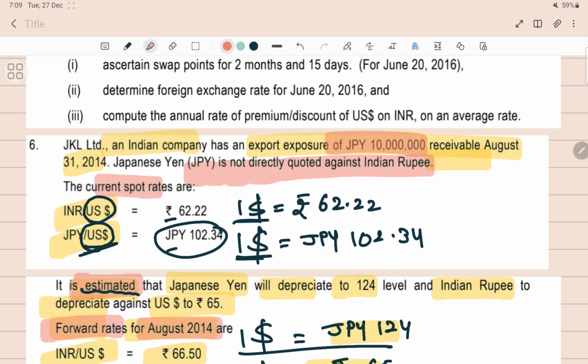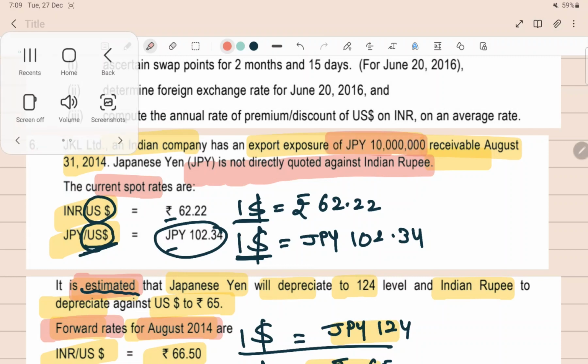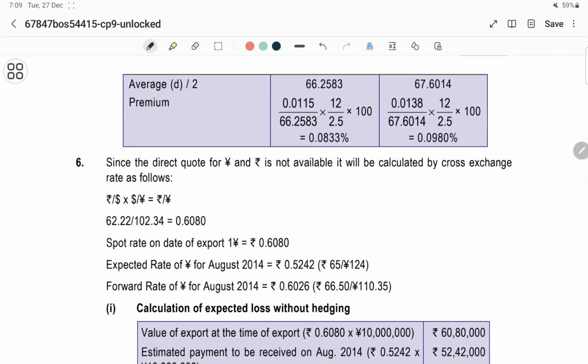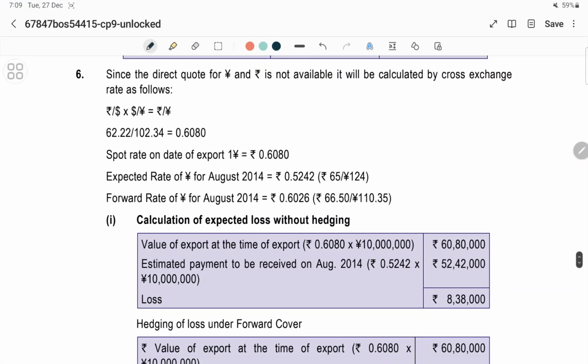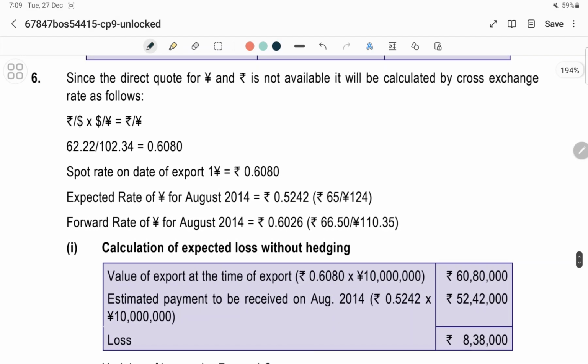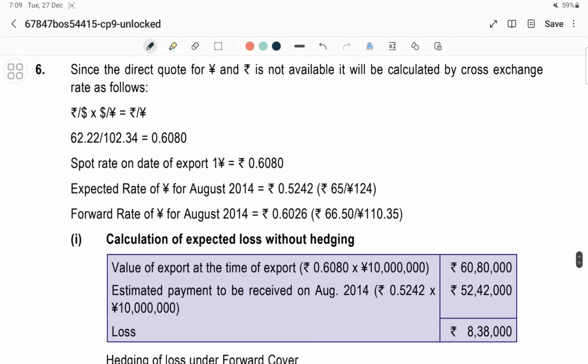Our exposure is yen 10 million. Solution, we directly go to the study material. We are doing from study material because it's already written and solved here, so it saves a lot of our time because we are just revising right now. Since the direct quote for yen and rupee is not available, we calculate this by the cross exchange rates.